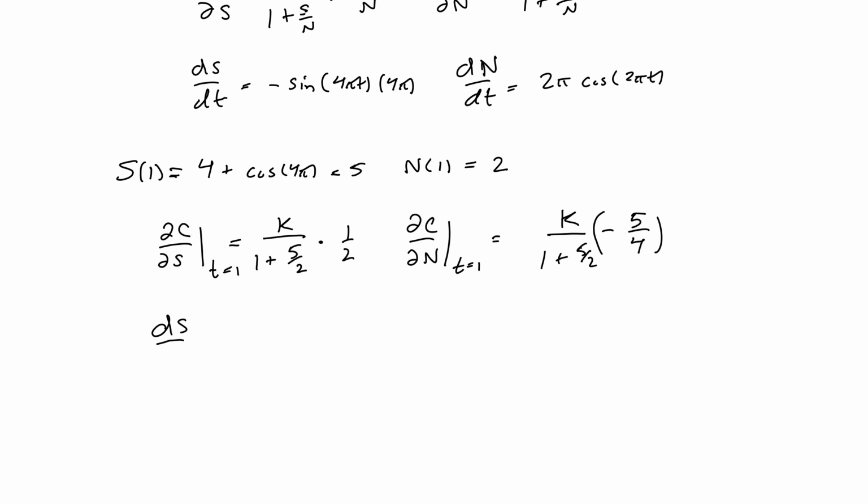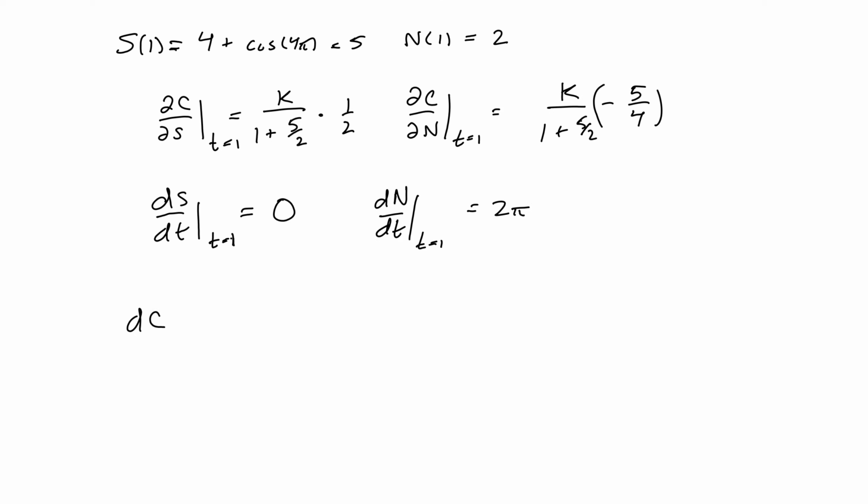And then dS/dt at t equals 1: I have sine of 4 pi, which is 0, so this one's just 0. dN/dt at t equals 1 is just 2 pi.